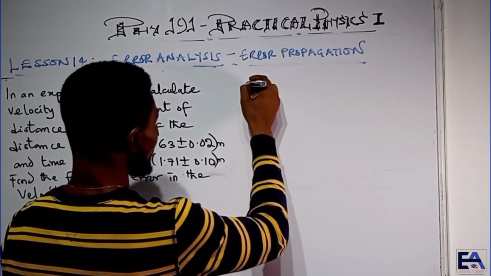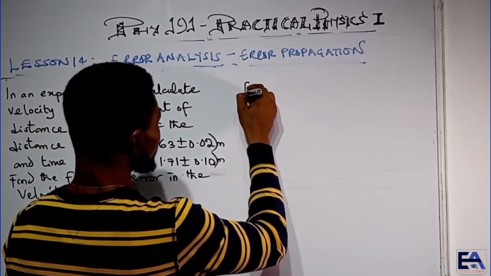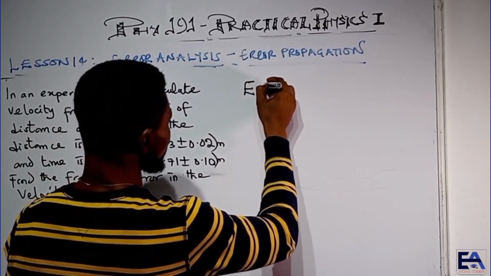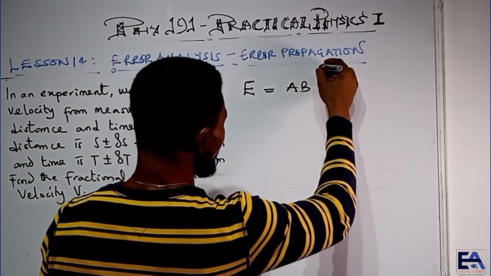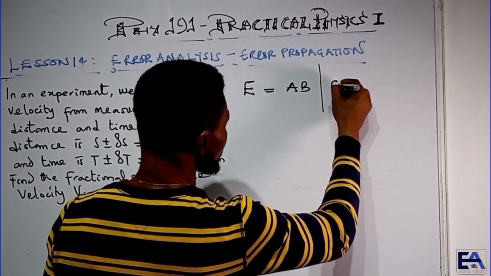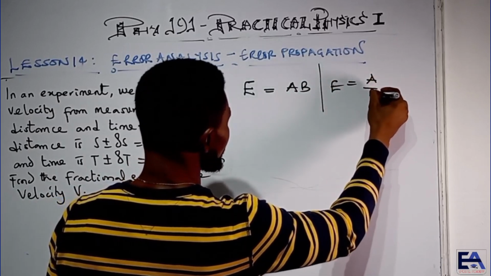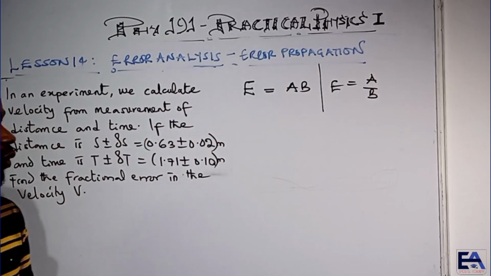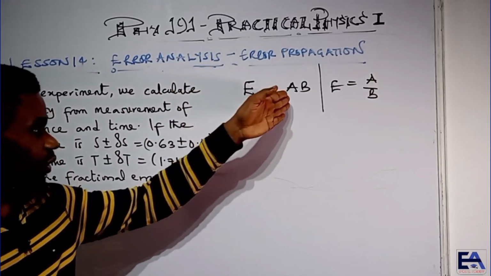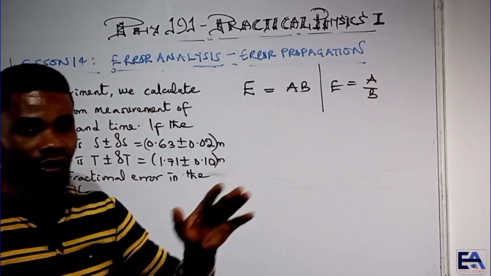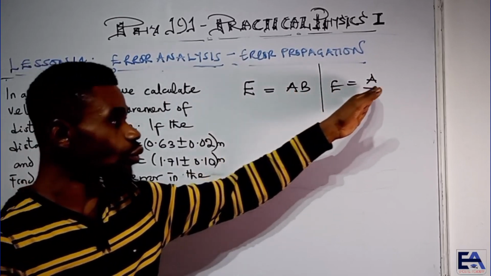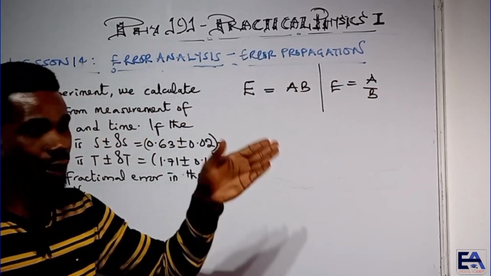Let's say we have a quantity E equal to AB, or maybe E equal to A divided by B. So quantity E is equal to quantity A multiplied by quantity B, or E is equal to quantity A divided by quantity B. Whether they are multiplying or dividing, the same law applies.